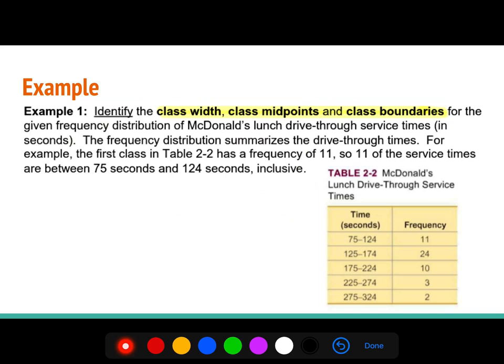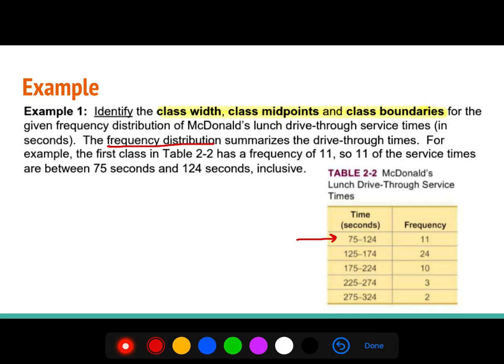So in our first example, we're going to identify the class width, the class midpoints, and the class boundaries, all for this table down here, which is a frequency distribution. What this frequency distribution is summarizing is drive-through times. Over here on the left, it has the time in different groupings.